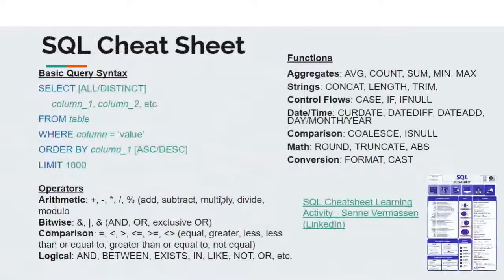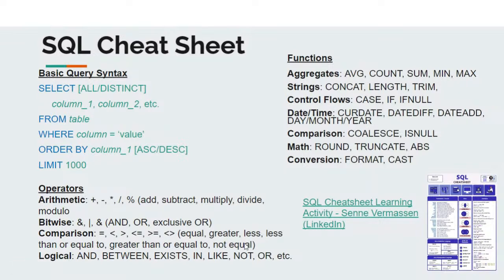All right, additional resources. This one was really nice. There's a SQL cheat sheet for this class. There's a basic query syntax with all of your commands there: your select, from, where, order by, limits, and all of your operators. We covered arithmetic.